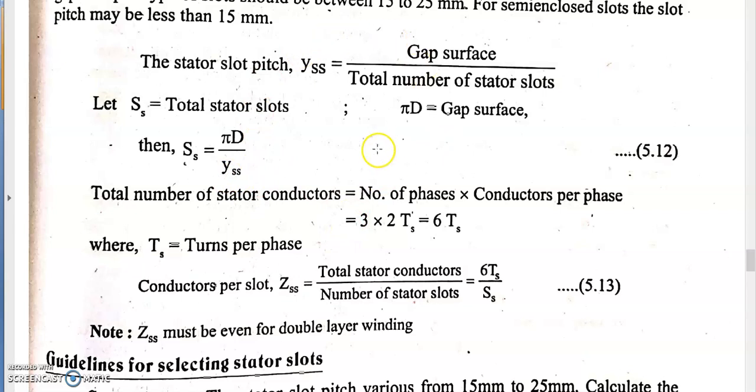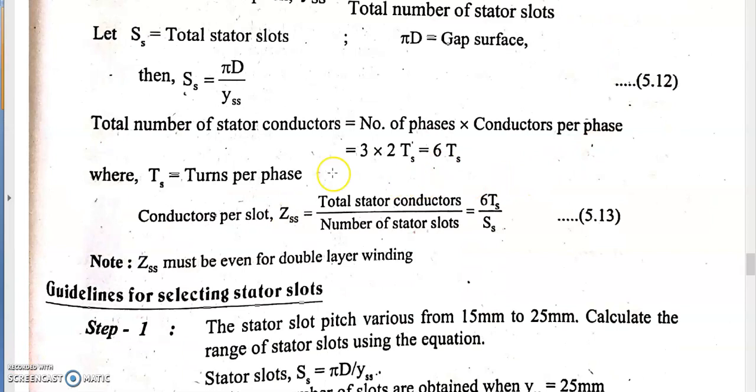So from this we will be calculating the total number of stator slots, and then we will be calculating the total number of conductors from the turns equation. So 2 times turns per phase is the total number of conductors. It is a 3-phase machine, so total number of conductors ZS is 6 TS, and conductors per slot is total number of conductors divided by total number of slots, that is 6 TS by SS. So from this we can calculate conductors per slot.